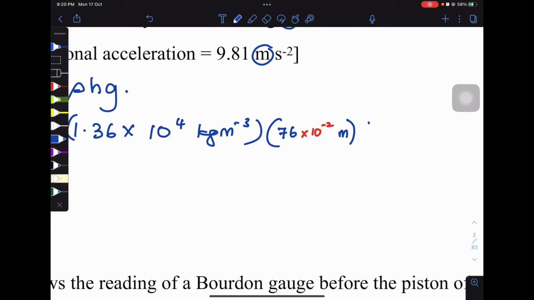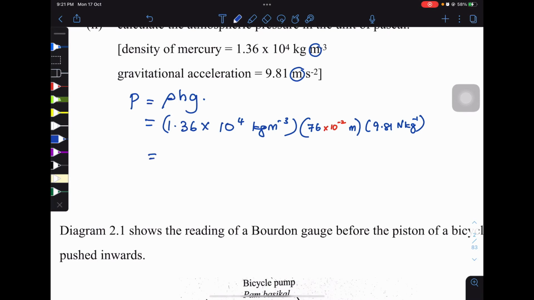And g is 9.81 Newton per kg. So you just use a calculator and you get the answer, which is 1.01396 times 10 to the power 5 Pascal.